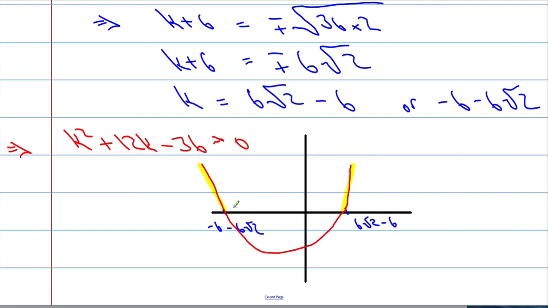So any value of k that's less than this, and any value of k that's greater than this. So when k is less than negative 6 subtract 6 root 2, and when k is greater than 6 root 2 subtract 6. And that's it from me.